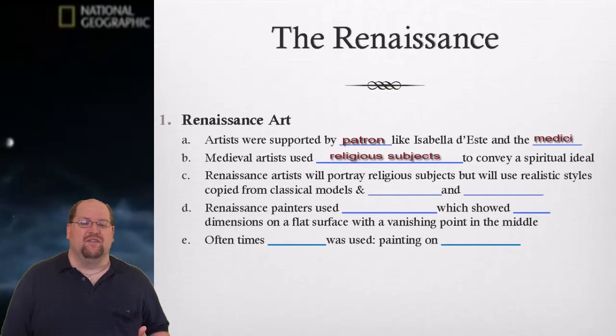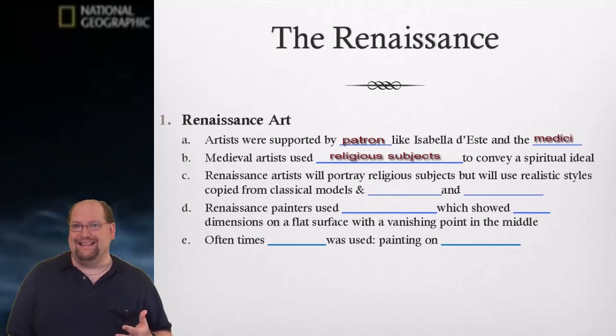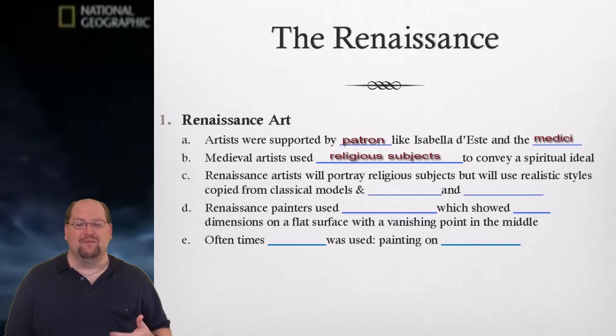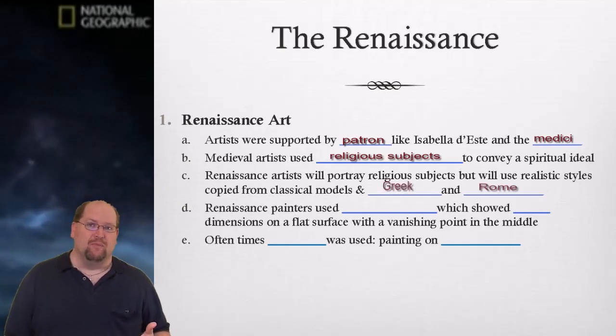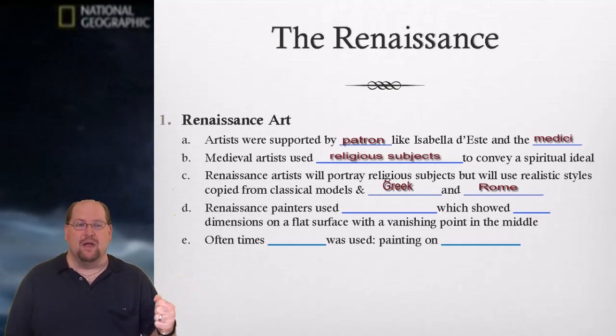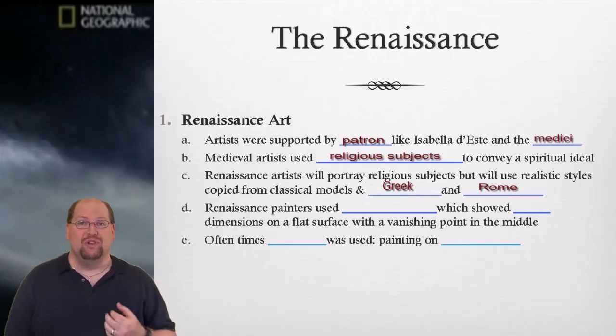One of the things that was different about Renaissance art was that it portrayed a lot of these religious subjects realistically, copied from classical models of Greece and Rome. We've seen images of these figures in the past, but these Renaissance artists make them more real, more human looking.